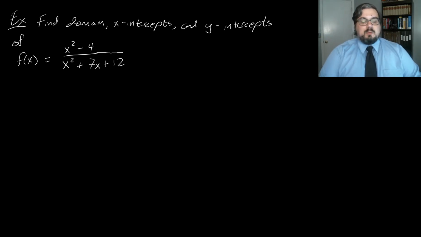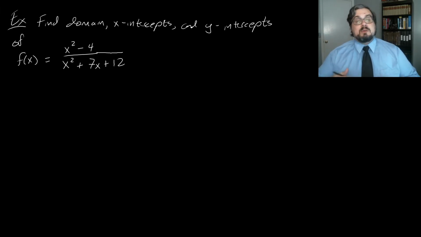So, when we are looking at a function like this, we want to find the domain, the x-intercepts, and the y-intercepts. We're going to need to know where the numerator and the denominator are 0. Now, it turns out that the best way to do that is typically going to be to factor the numerator and denominator.